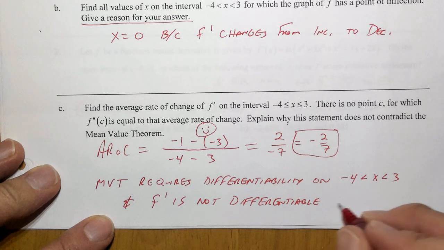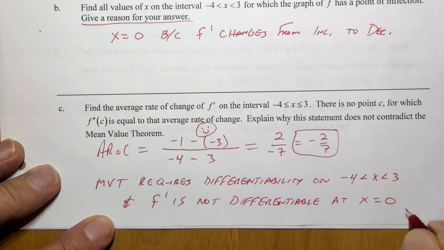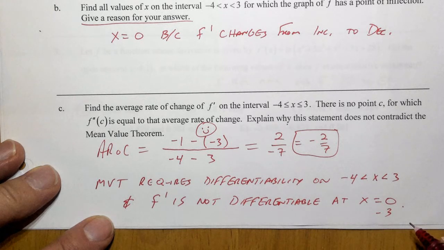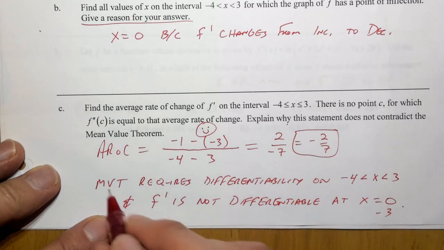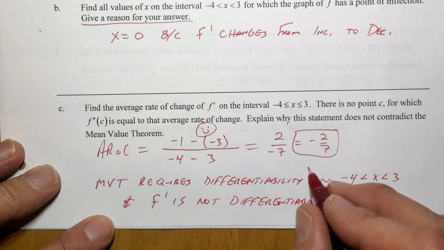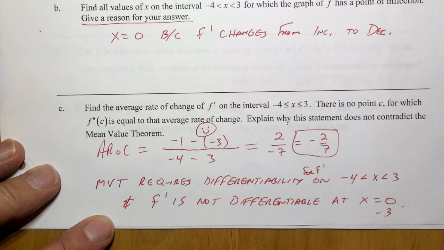Or if you want to just do the easy one, do the cusp at x equals 0. Or again, you could have used -3 here, because that would work as well. Okay. I should actually say, the mean value theorem requires differentiability for f prime. All right, we should mention that we need f prime to be differentiable, and f prime is not differentiable at that point. Okay, so hopefully this helps. We'll see you soon.